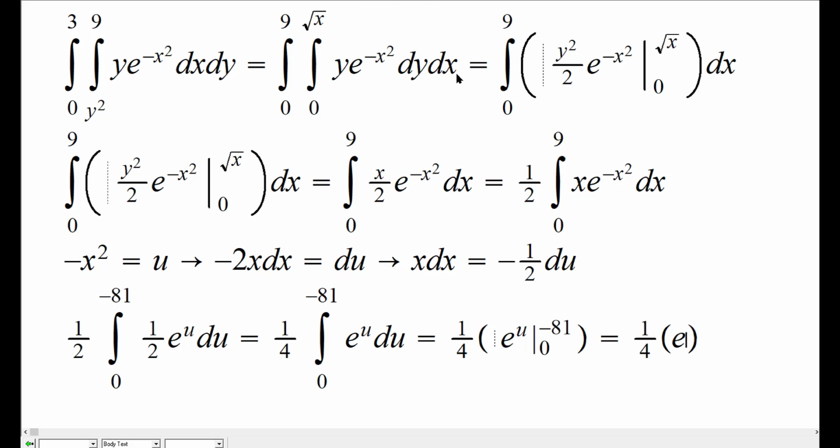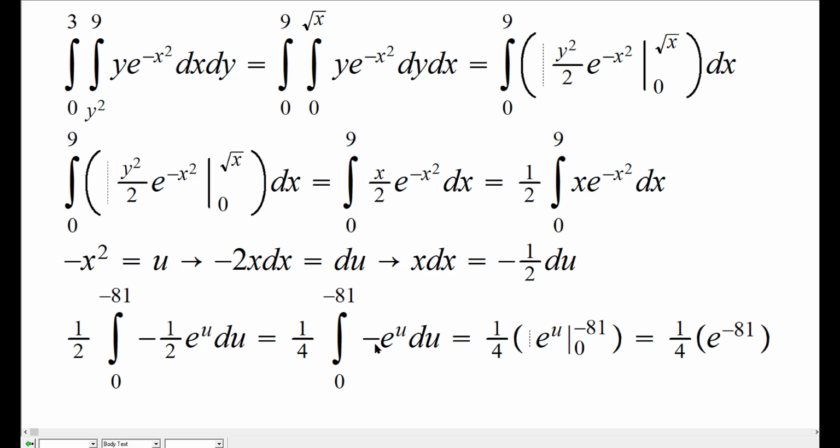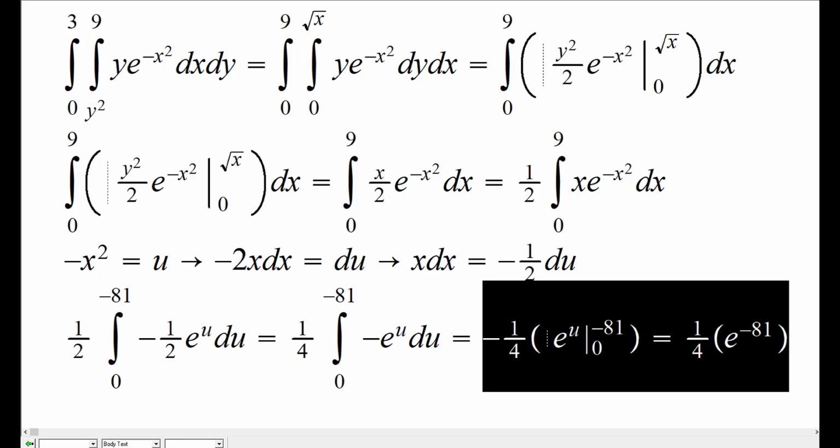All right, and then I lost my negative sign here, didn't I? So this is negative, then negative again, and let me bring these to the next line.